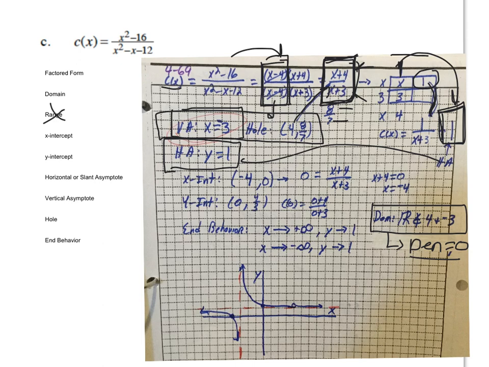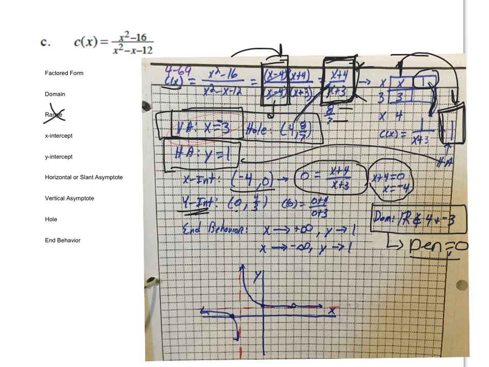Now for your x-intercept, it occurs when y is 0, so put 0 in for y and solve. In order for this rational expression to equal 0, the numerator has to equal 0. So x plus 4 equals 0, and solving for x comes out to be negative 4. The y-intercept occurs when x is 0.